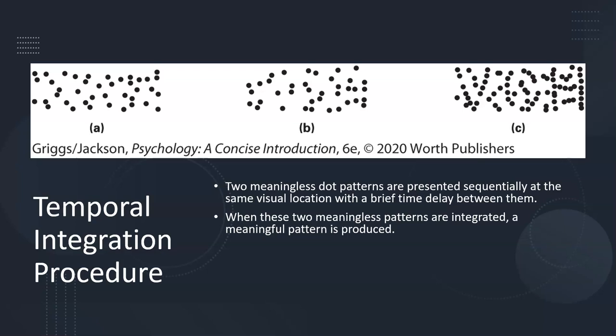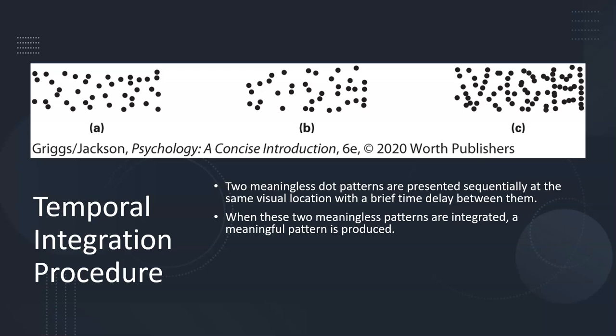So when the two meaningless patterns are integrated, a meaningful pattern emerges where you can detect the presence of letters amid the other dots. So what you see there is a VOH pattern. This meaningful pattern can only happen if there is a leftover trace of A still in the sensory register when B is shown.